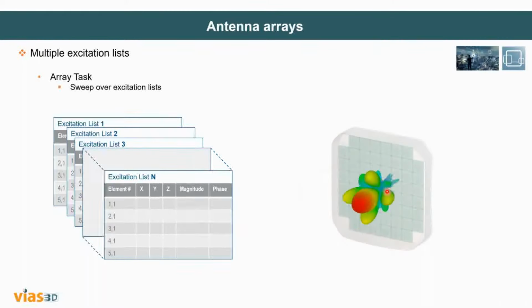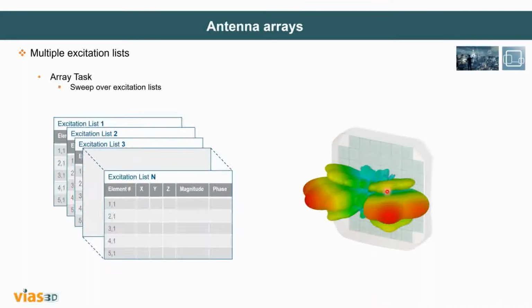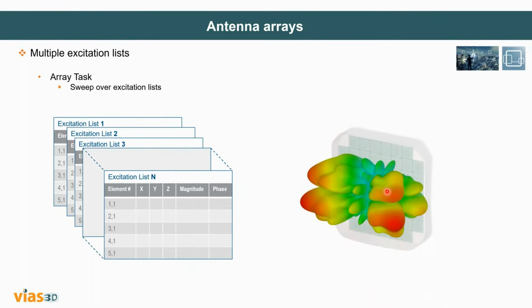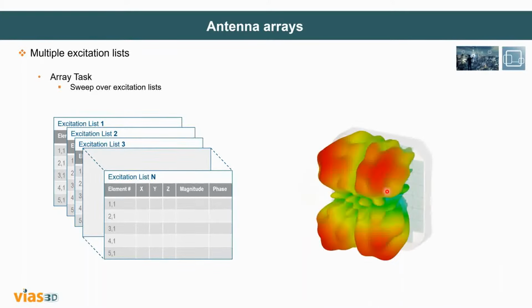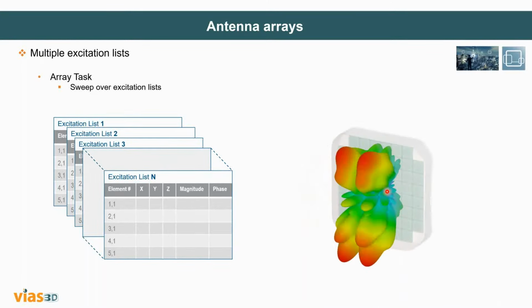Simulation of full 3D antenna arrays can be quite time consuming, which is why we have spent a lot of effort on improving certain parts of the array design workflow, and I would like to present some of these enhancements which are specific to antenna array design.